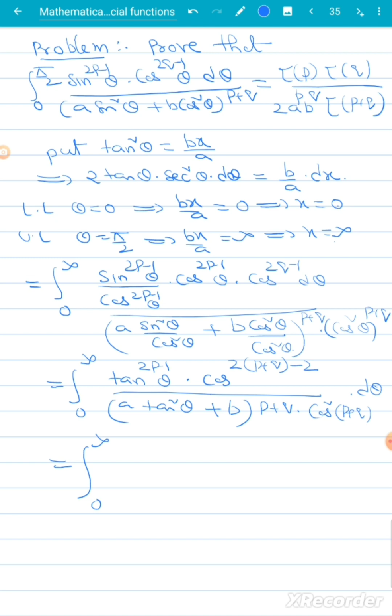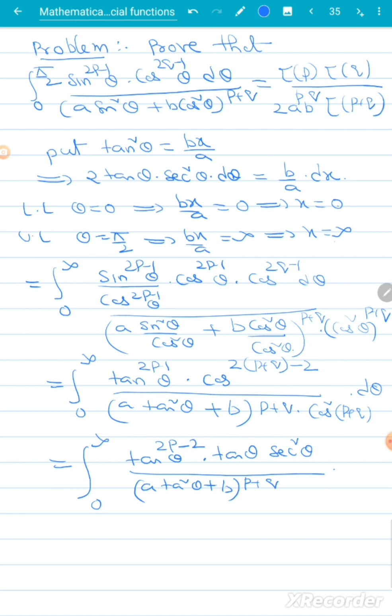Remaining 1 by cos square, which means secant square theta. So tan theta to the power of 2p minus 1, that is 2p minus 2 plus 1, and the cos square p plus q terms cancel, with 1 by cos square meaning secant square theta, by a tan square theta plus b to the power of p plus q into d theta.